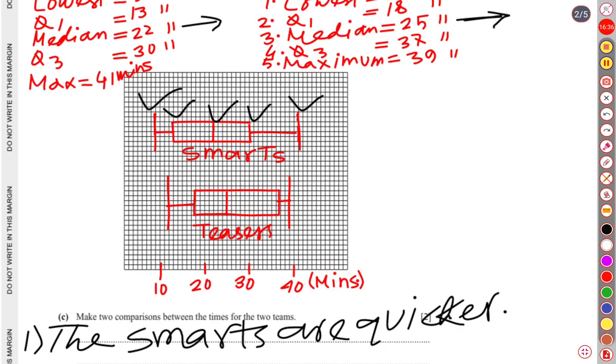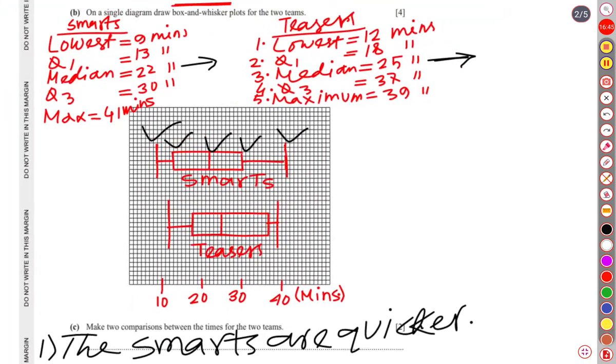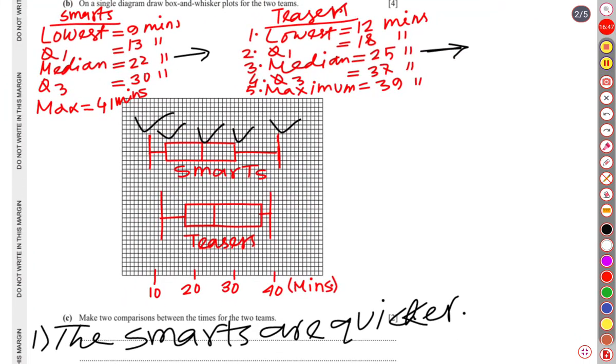Then the second comment, they ask for two comments. If we look at this, in the case of smarts the box starts from the lower quartile, 13, until 30.